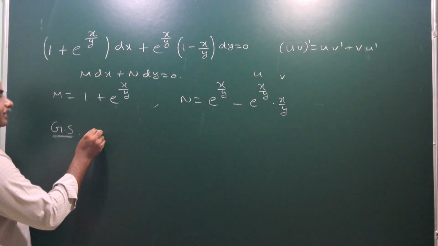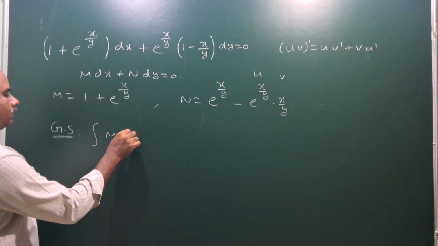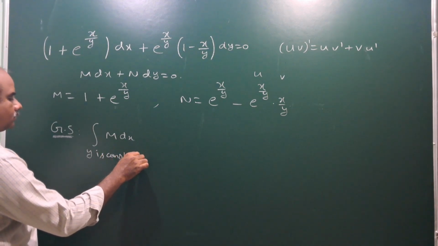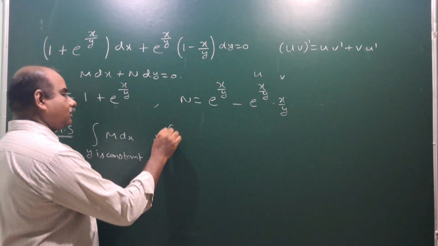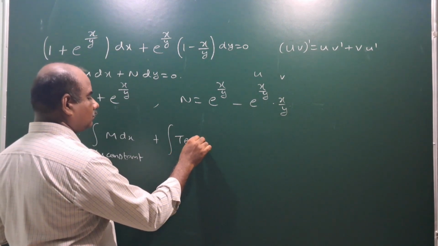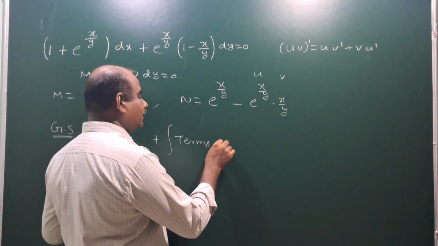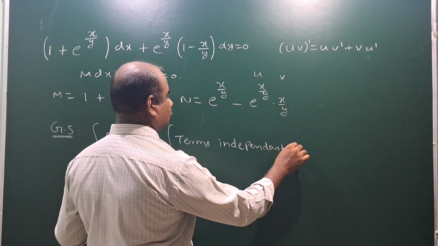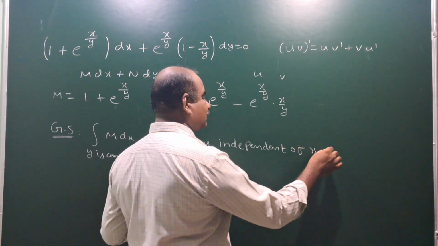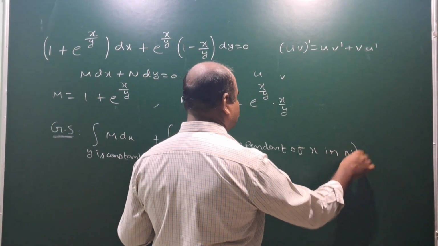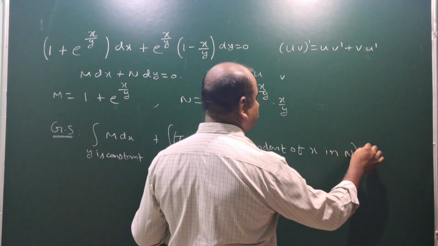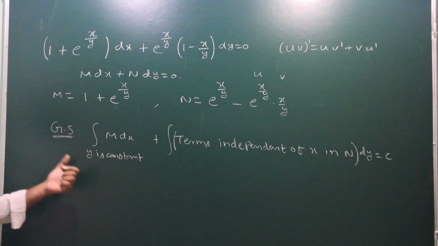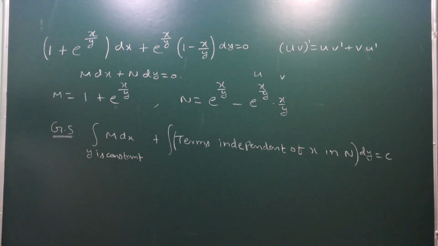The formula is integral m dx, y is constant, plus integral terms independent of x in n dy is equal to c. So this is the formula to find the general solution of this exact differential equation.